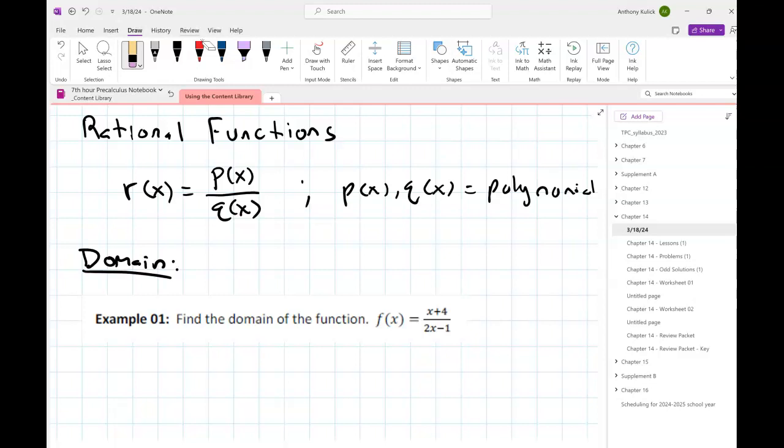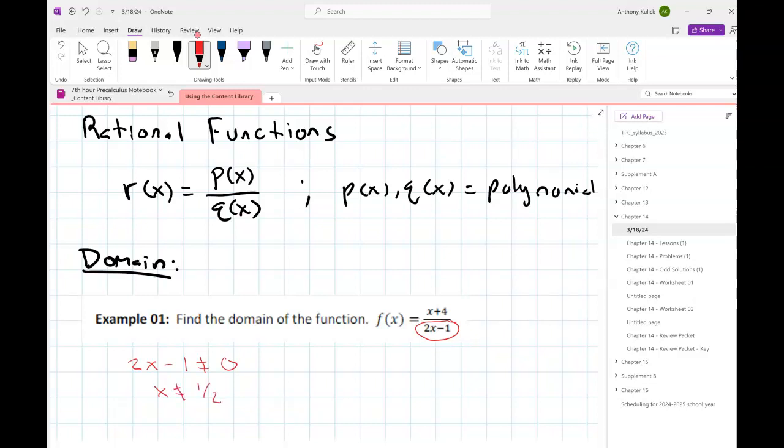When you divide by 0. So, to find the domain for our function, the only thing that matters is the division, and the only thing that matters with division is not dividing by 0. So I'm just going to take the denominator and set it not equal to 0.